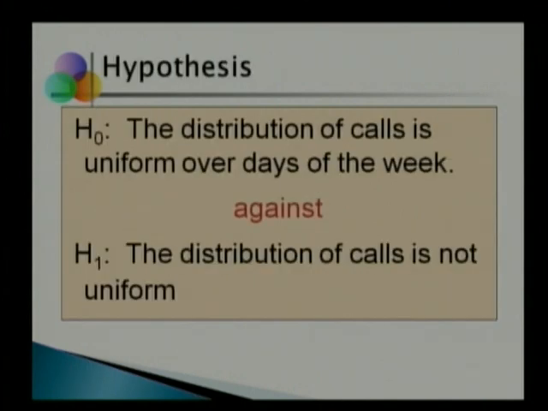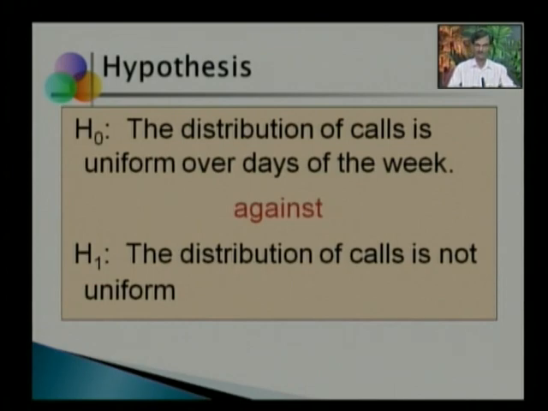Now we want to test the hypothesis that the distribution of calls is uniform over days of the week, against the alternative that the distribution of calls is not uniform. The first one, H0, is called the null hypothesis, and H1 is called the alternative hypothesis.